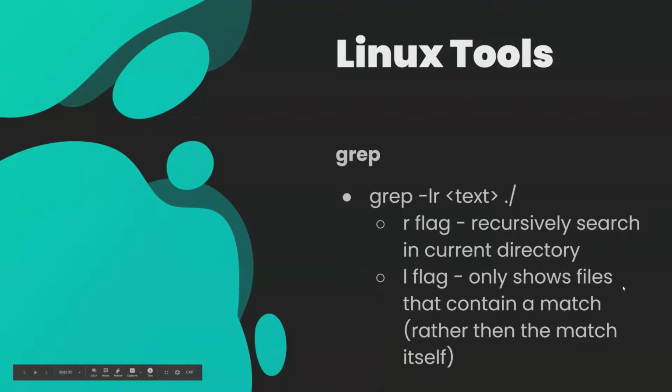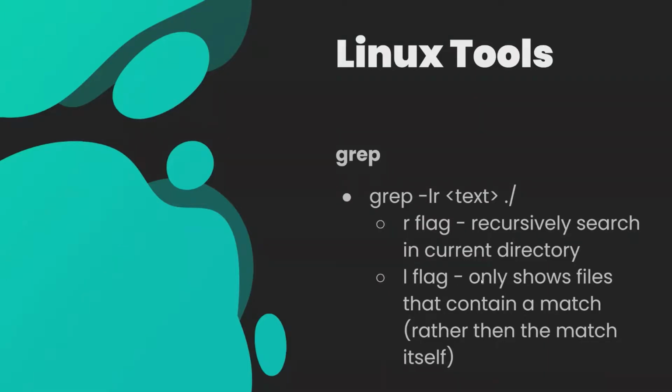Another thing you can do with grep, there are some other flags here. If you do grep -lr and you specify the text that you're searching for, and then put in the directory, this dot is basically specifying the current directory. It will recursively search in that directory, so it will search within the directory and any directories below it.